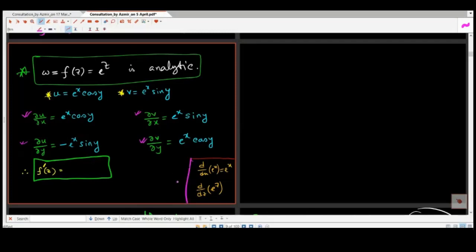Since e to the z is analytic, that means e to the z is single valued and e to the z is differentiable. That means f of z is differentiable. So if f of z is differentiable, then we can find f prime of z.